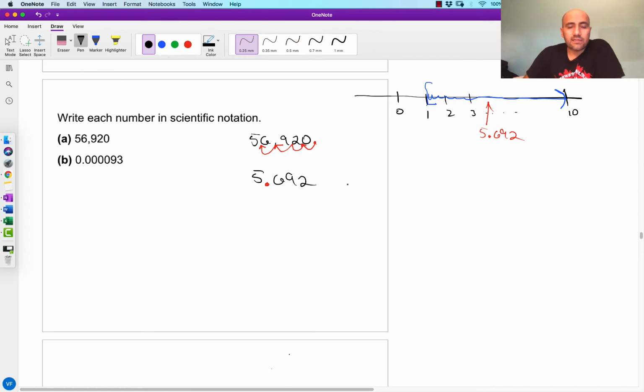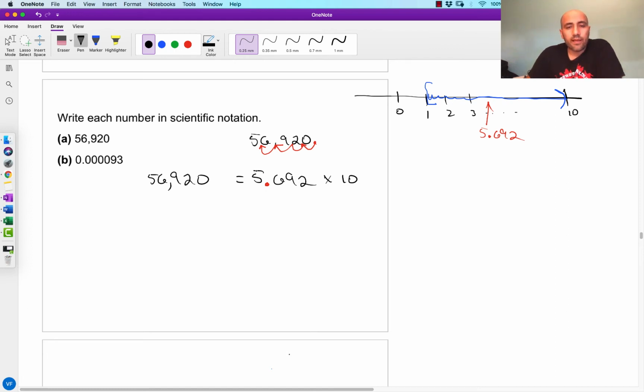The next thing is that I have to multiply it by a power of 10, 10 to the power of something, so that it equals that original number. So let's think about what that is. We have to figure out what this is. 56,920 is equal to, and it's going to be this multiplication. Now this number is much smaller compared to that one, right?